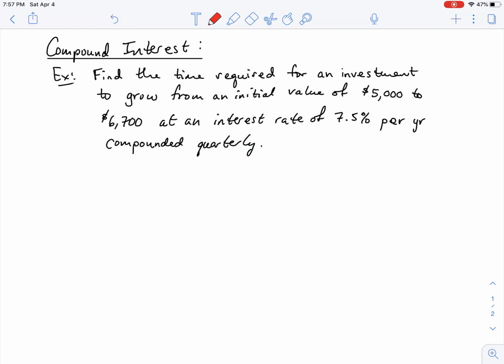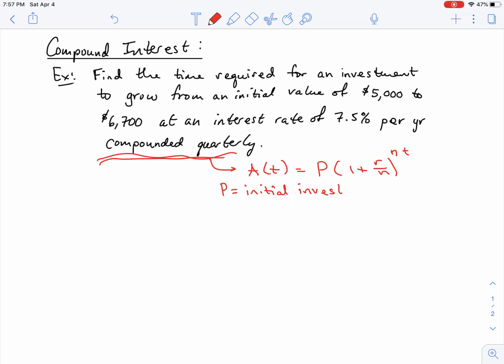Now, compounded quarterly, this means that we're going to be using the model A of t equals p times 1 plus r over n to the nt. Where p is equal to the initial value, the initial investment amount, r is the APR, the annual interest rate, as a decimal.